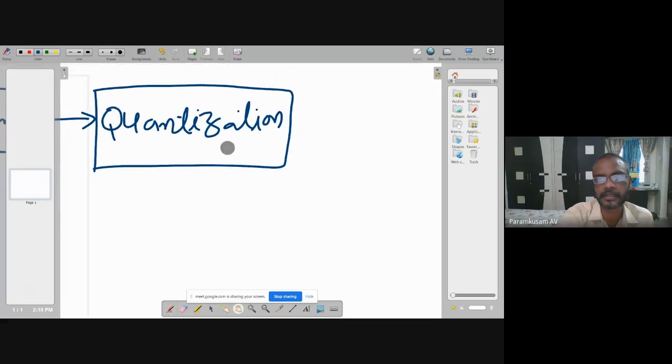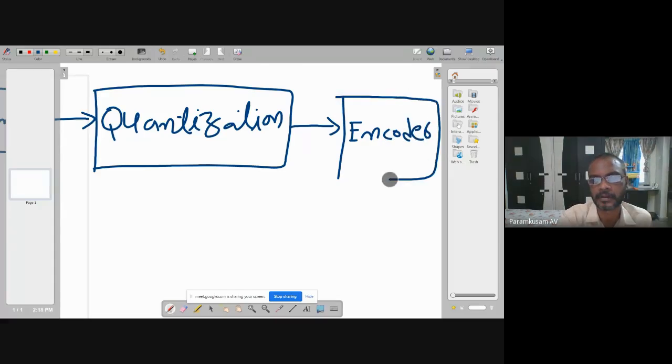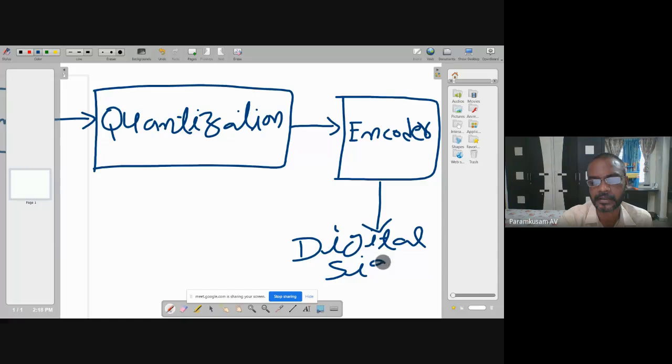Next, the output of the quantization block is given to the encoder. The output of this encoder is the digital signal.